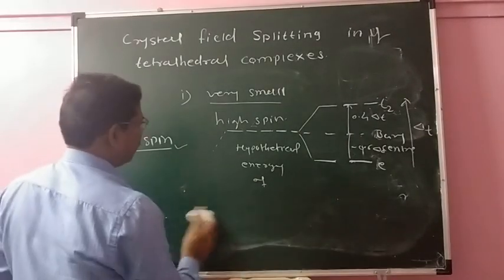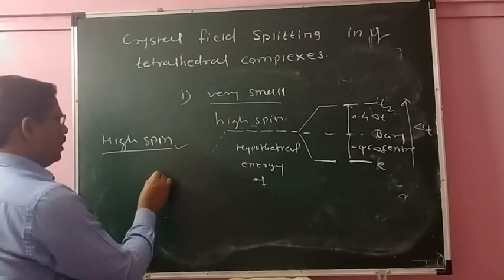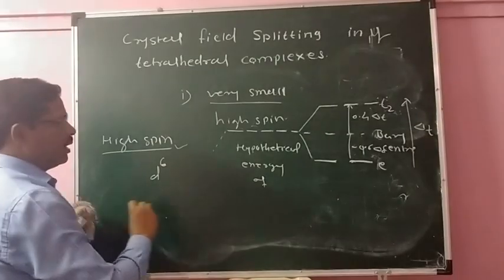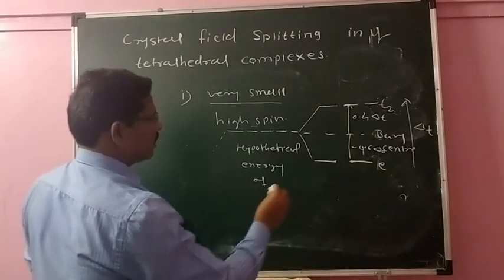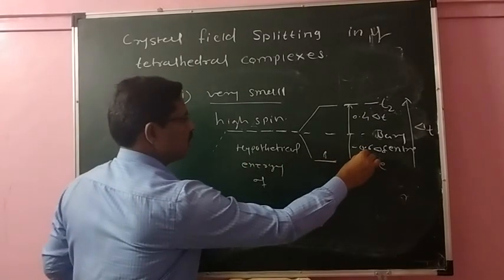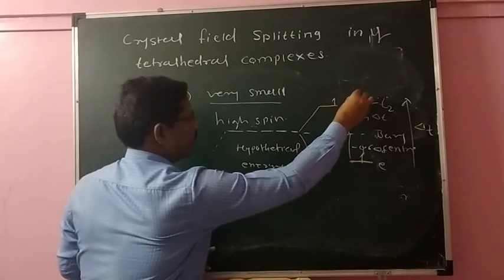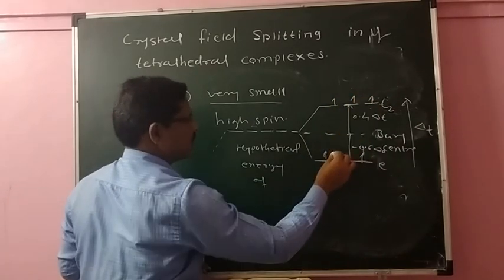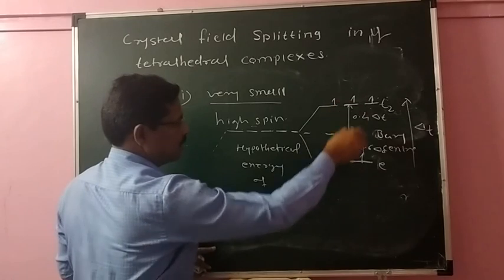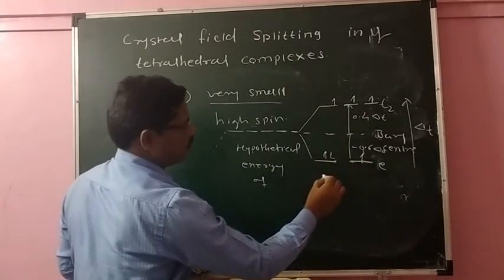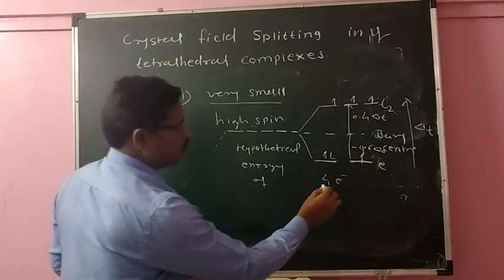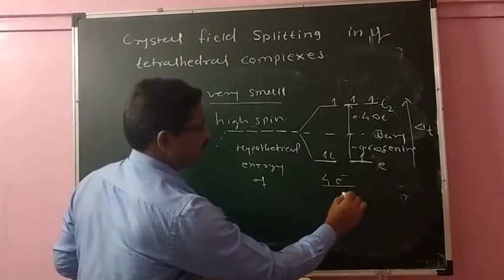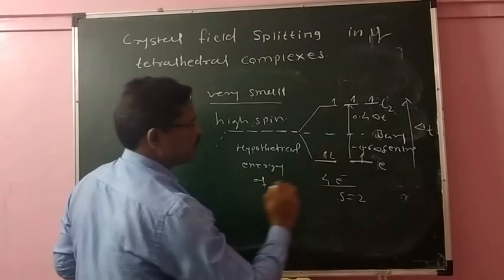For example, for the d6 electron configuration, this is 1, 2, 3, 4, 5, and this is the 6th. In this case there are 4 unpaired electrons. How many unpaired electrons? 4 unpaired electrons. The total spin is 2.